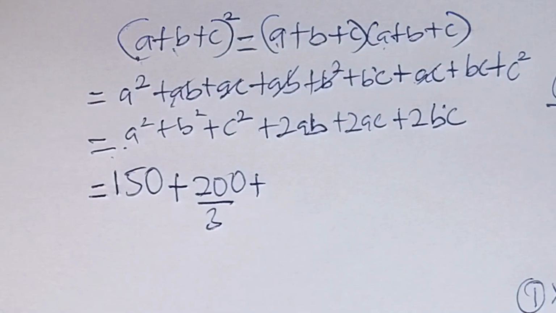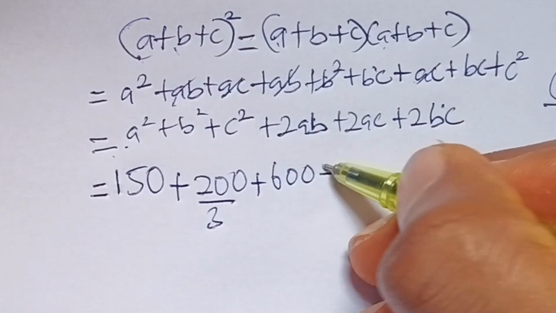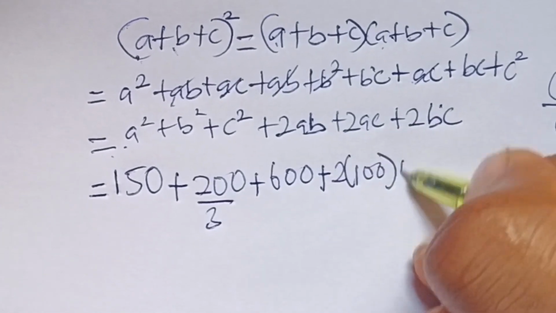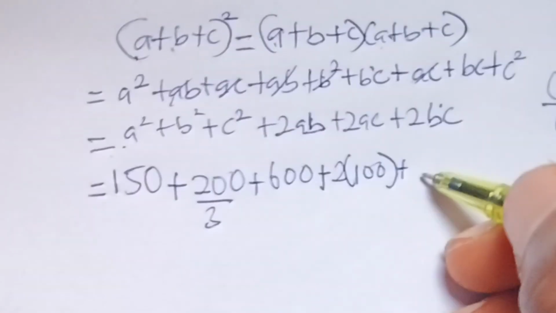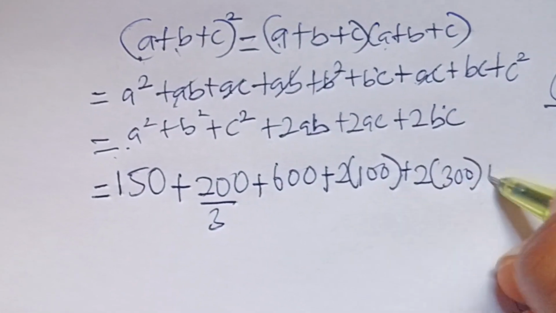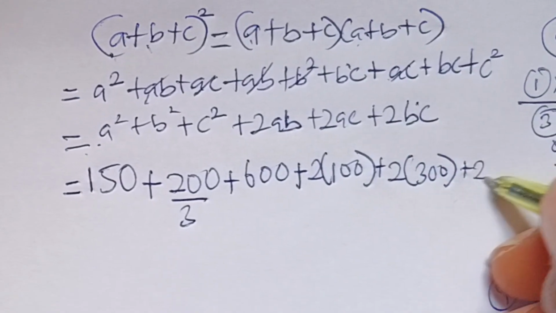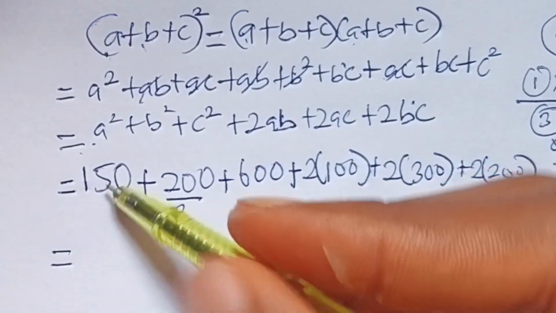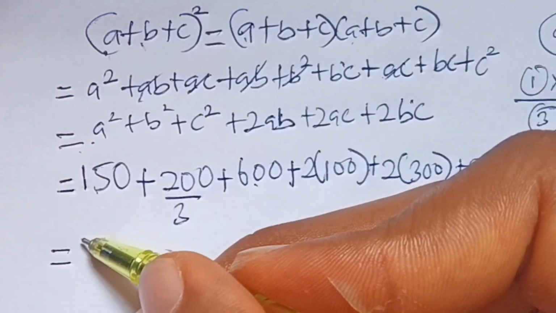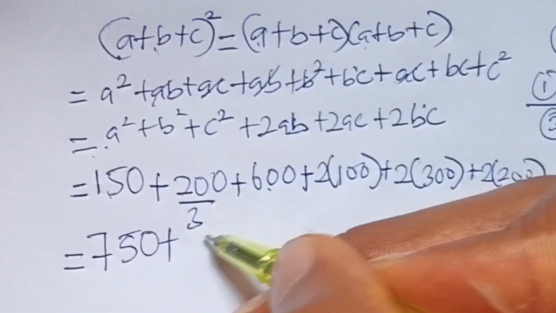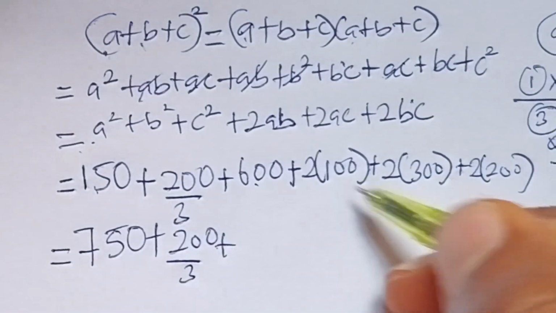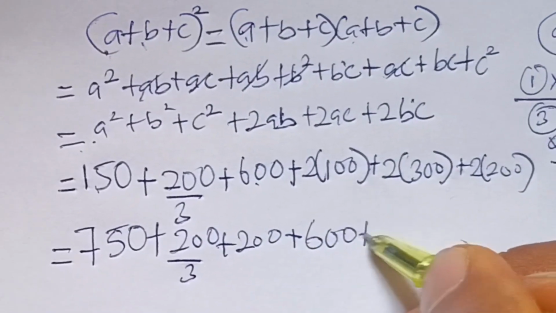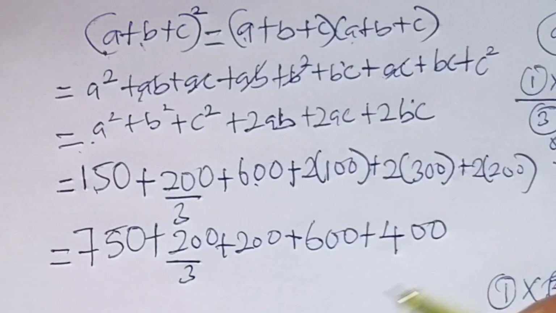C squared is equal to 600, plus AB is 100, so 2 multiplied by 100, plus AC is 300, so 2 multiplied by 300, plus BC is 200, so 2 multiplied by 200. This becomes 150 plus 600 is 750, plus 200 over 3, plus 2 times 100 is 200, plus 2 times 300 is 600, plus 2 times 200 is 400.